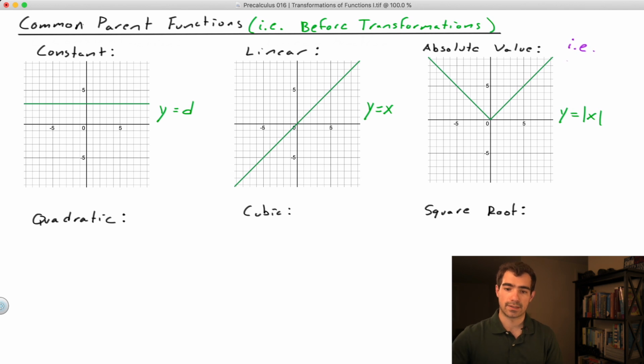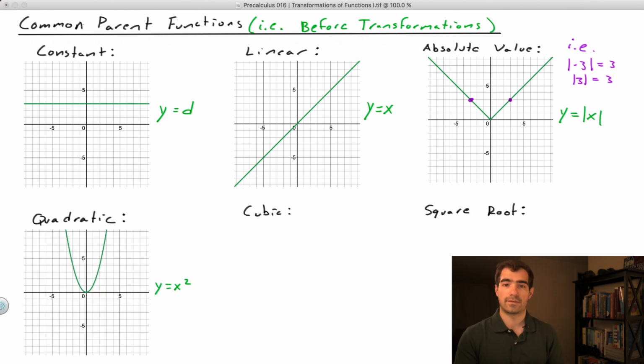So for instance, the absolute value of -3 is equal to 3, and we see that here on our graph, but also the absolute value of +3 is equal to +3, which we see here on the graph. And so for whatever input we have, we get the positive version as the output, ultimately resulting in this V-shaped graph.